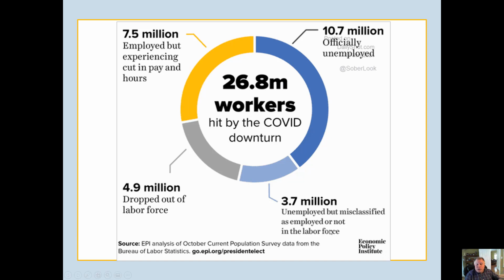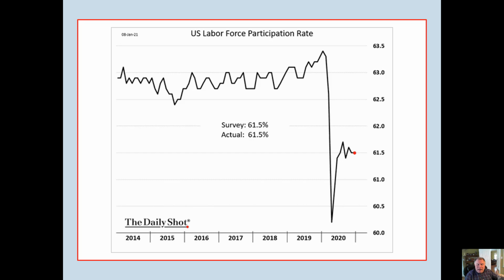Now there are 3.7 million unemployed but misclassified as employed. 4.9 million dropped out of the labor force. So this is a huge number. This is about 9% of the U.S. population.